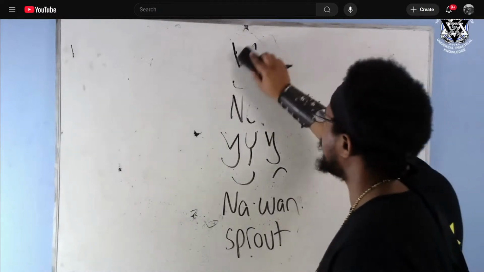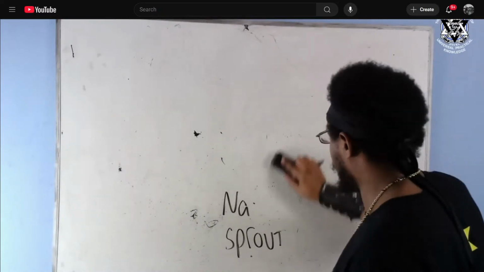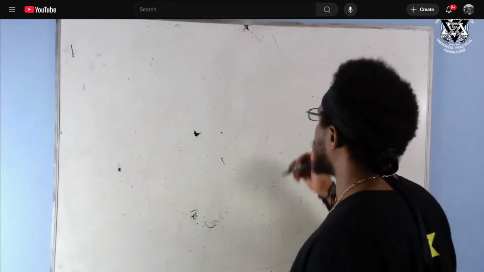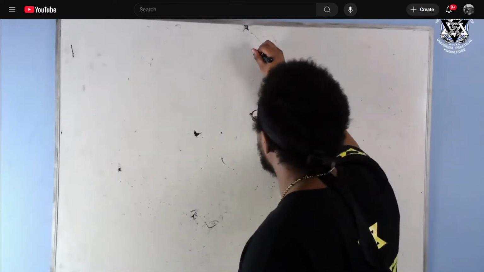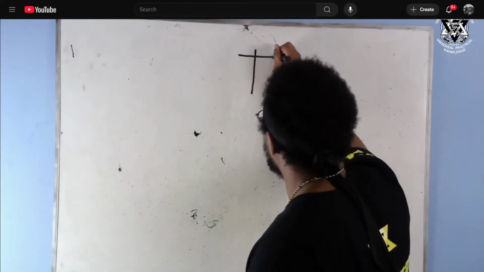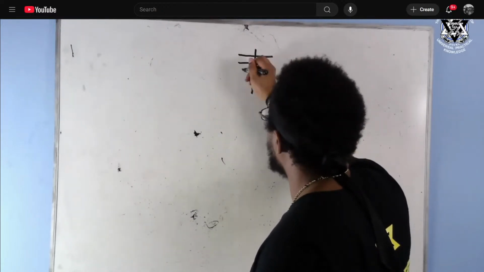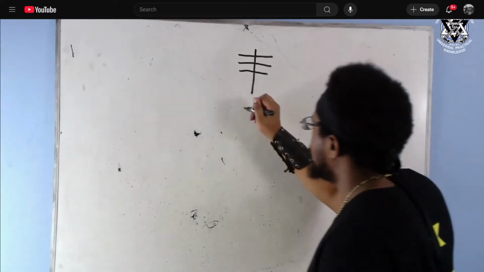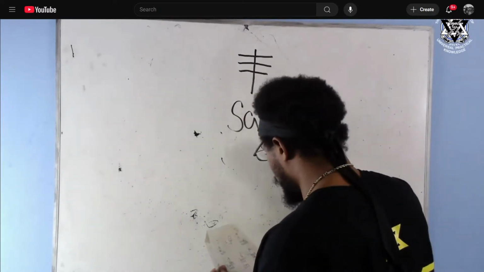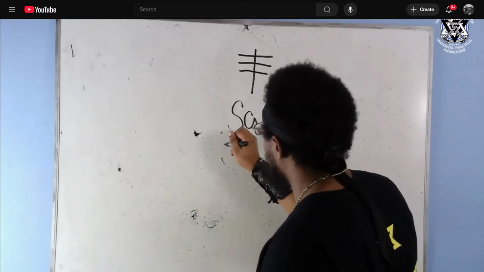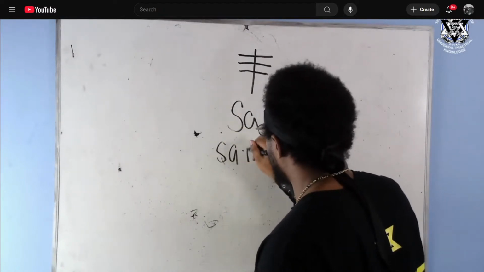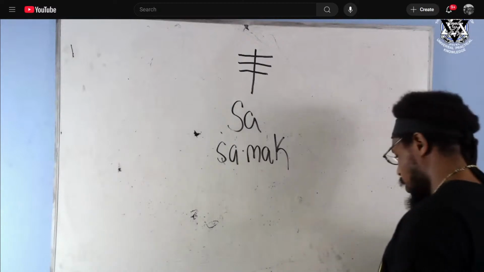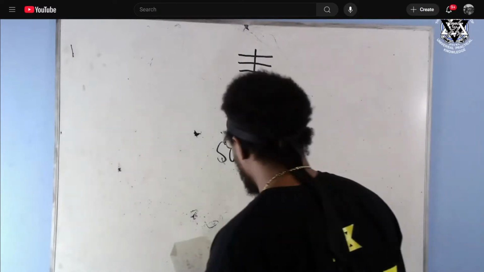We're gonna go to Sa now. We got Sa. It comes from the word Sama. It means to establish.